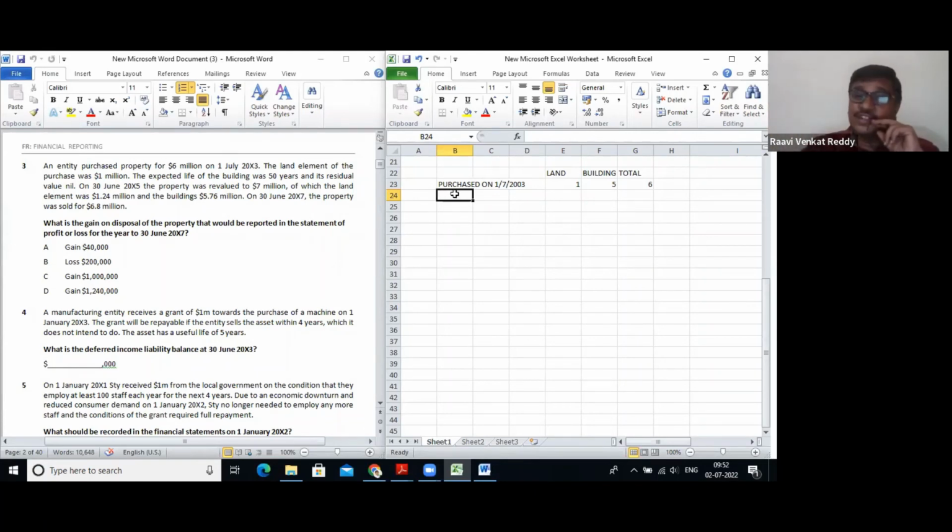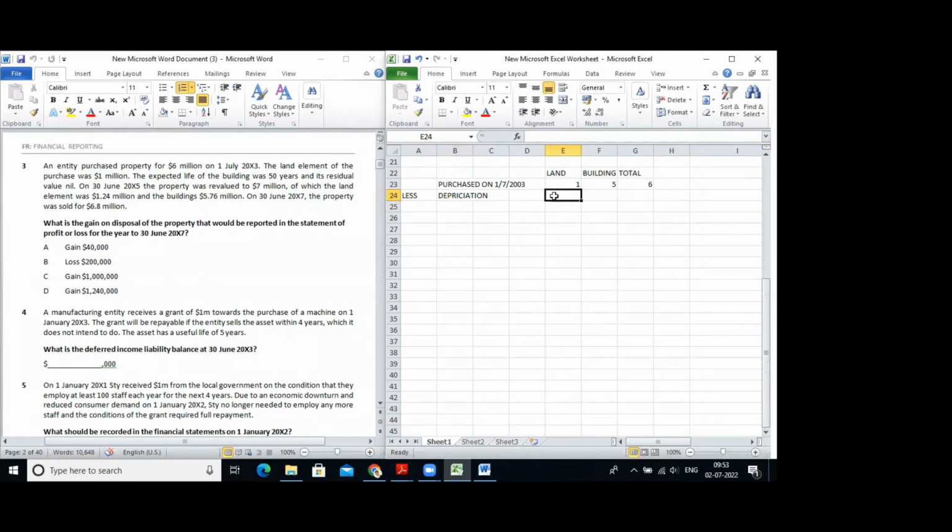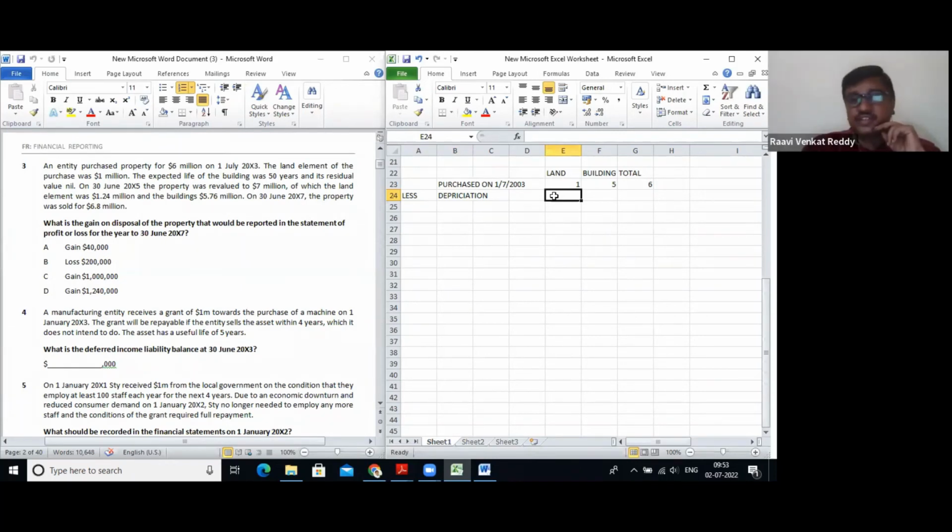Just by deducting the depreciation from this cost. How many years depreciation do I need to deduct, participants? 2 years. Perfect. We need to charge the depreciation for 2 years.